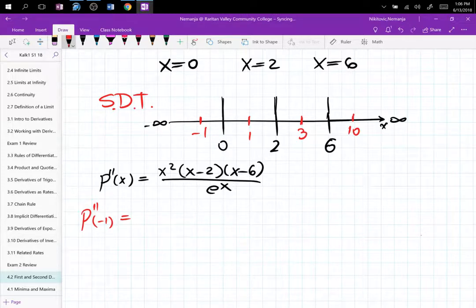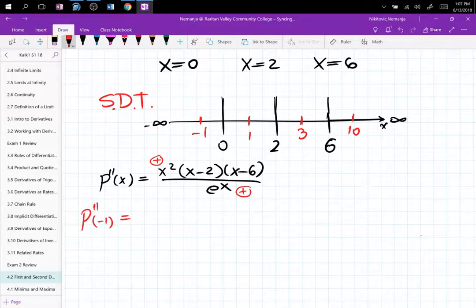Okay. The denominator is always going to be positive because the range of the exponential function is always positive numbers. So the denominator can only give positive results, so we don't have to worry about it. Also, x squared always gives positive results, so we don't have to worry about that either.